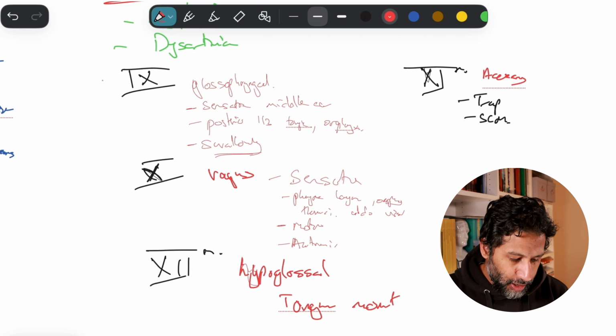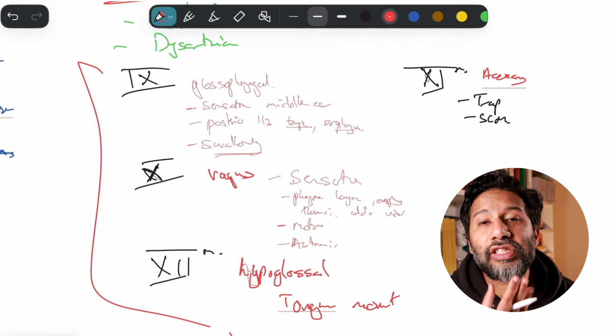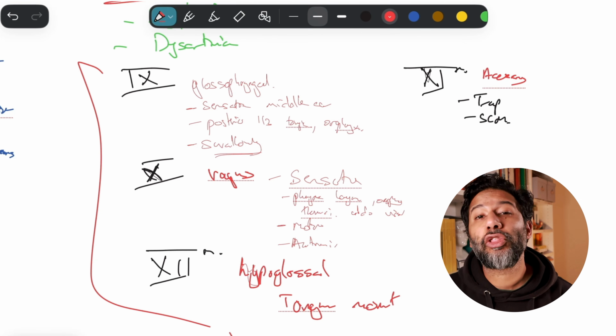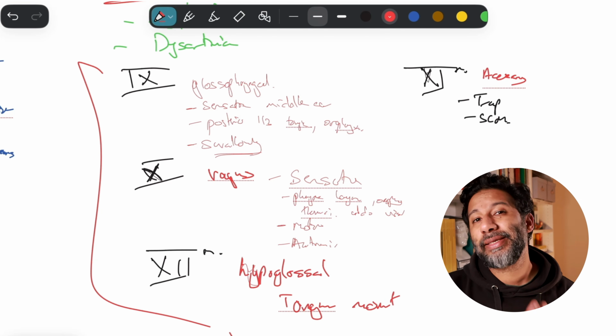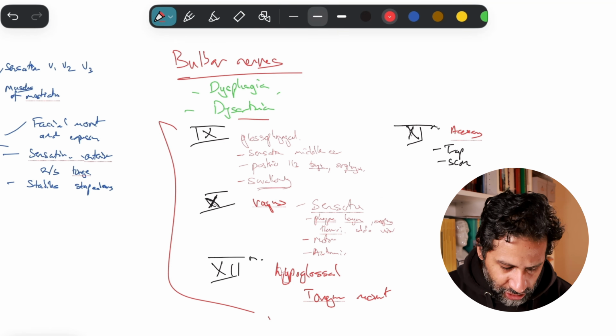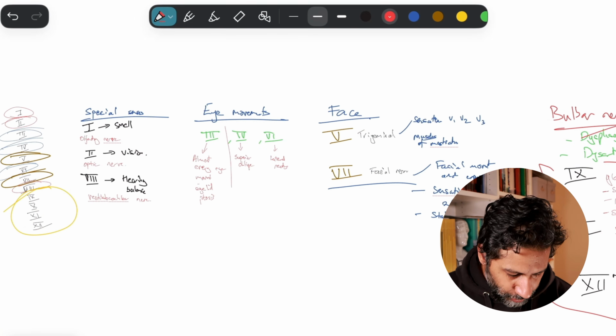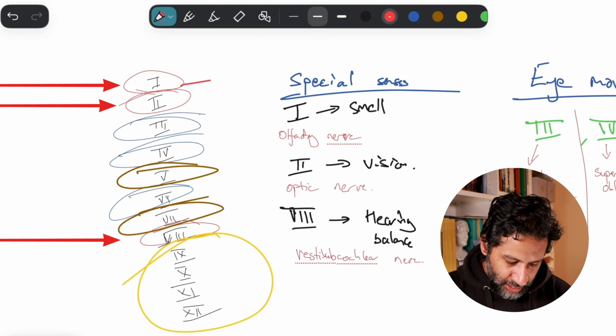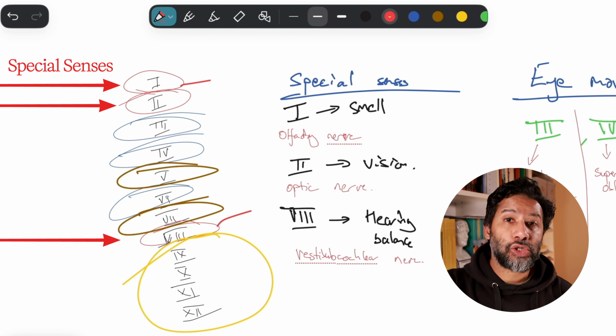So you can see why we group these together, because all of this is to do with speech, movement, tongue, everything to do with swallow. And any dysfunction in this bulbar region or the bulbar nerves causes a bulbar dysfunction, which is dysarthria and dysphagia. And so the easiest way is just to remember this. So if we were to go back here, we would once again say that these in red here are to do with your special senses.